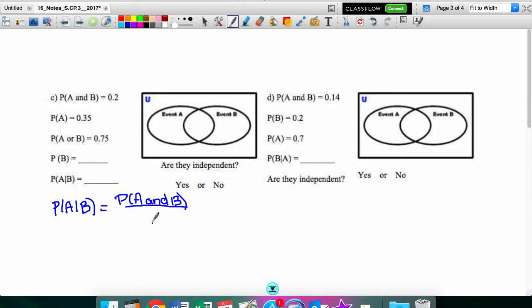But it's over the probability of B, which I don't have. So there's two things in this equation that I don't have, which is not going to help me right now. So how else could I solve?